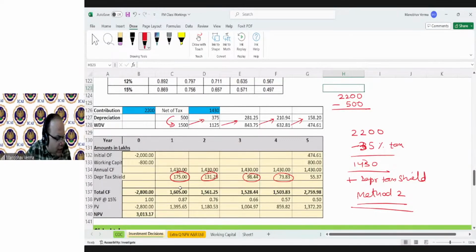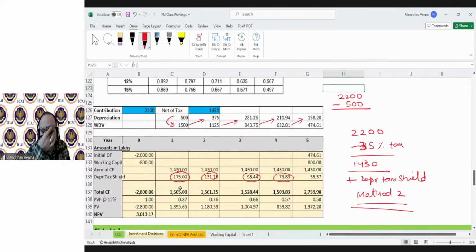Any questions on this calculation, guys? This calculation is based on method 2, which we discussed yesterday.